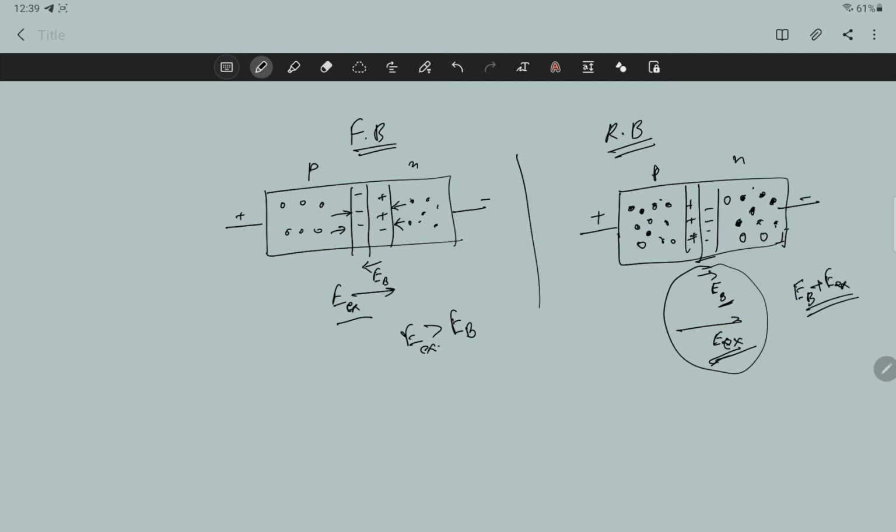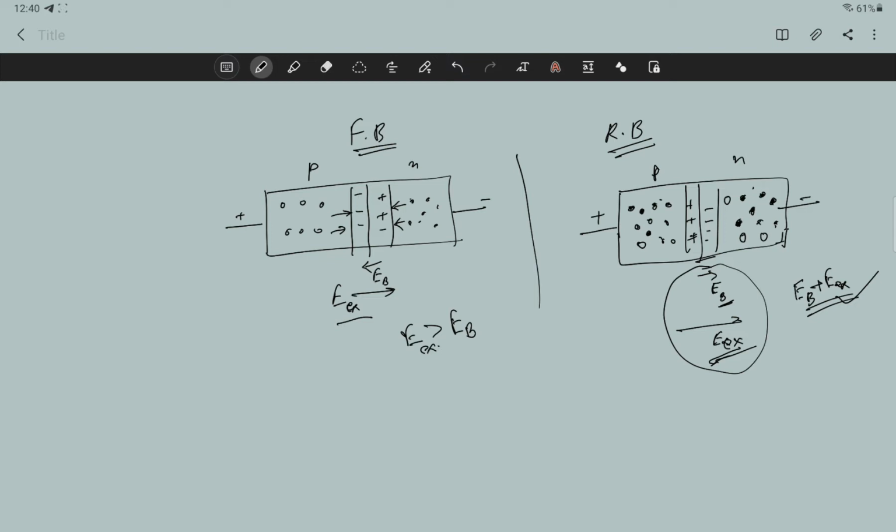That's why when you continuously increase this E external, these minority charge carriers will move very fast, such that they will knock out the valence electrons from the atomic cells.